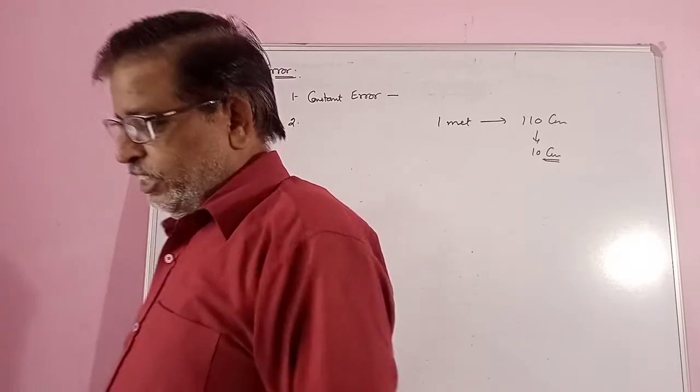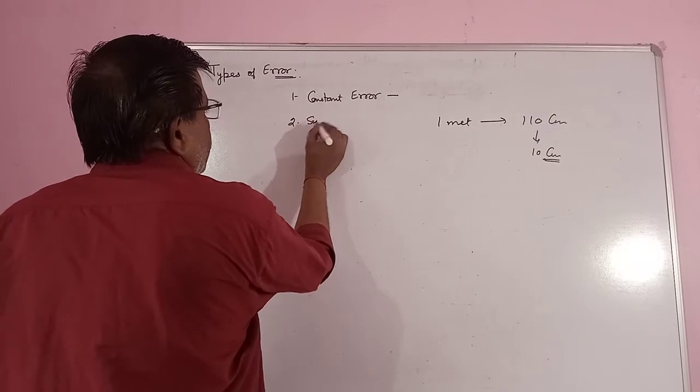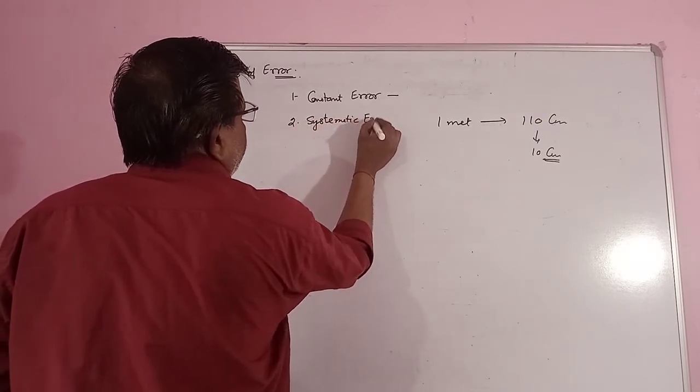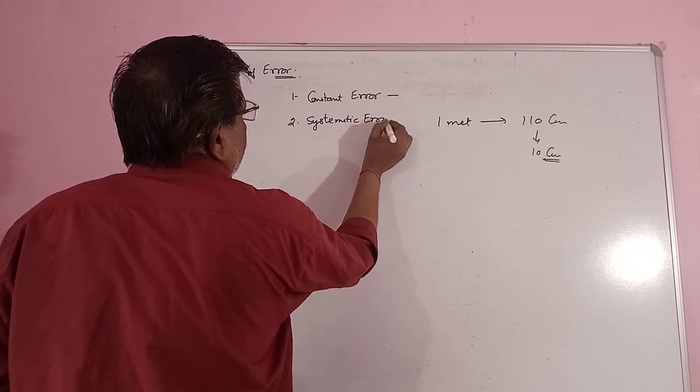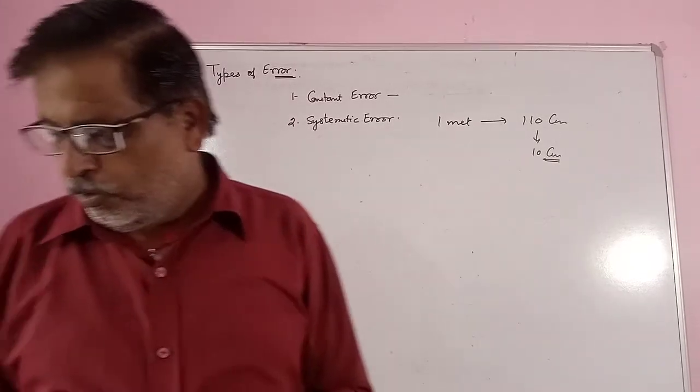Second error is systematic error. So what does it mean?